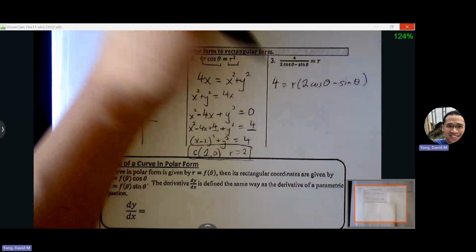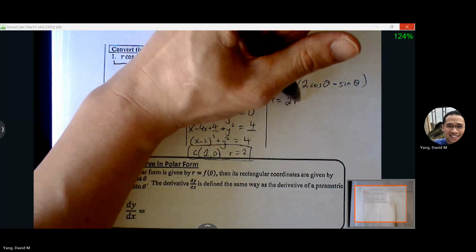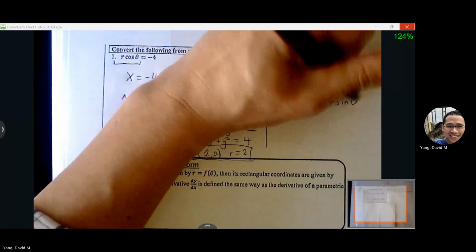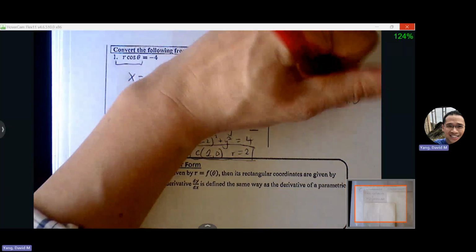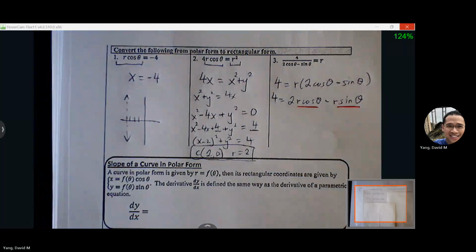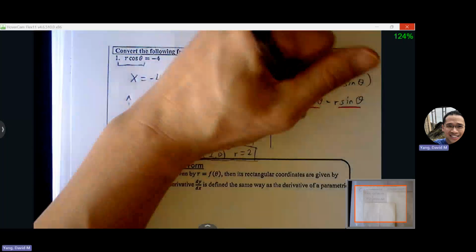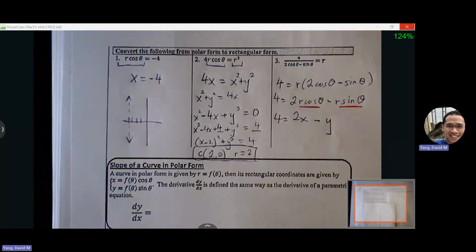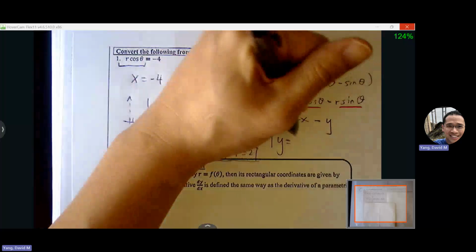If I distribute that r through, now we see some substitutions show up for us, right? r cosine theta gets replaced with x, and r sine theta is y. So that feels a lot more familiar. We know that if we rearrange this, it just ends up giving us an equation of a line, right?